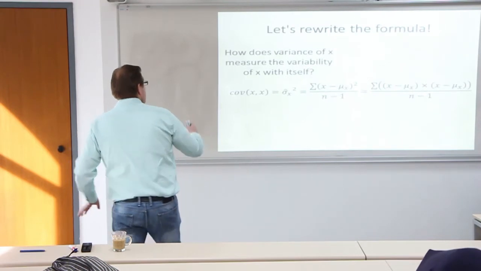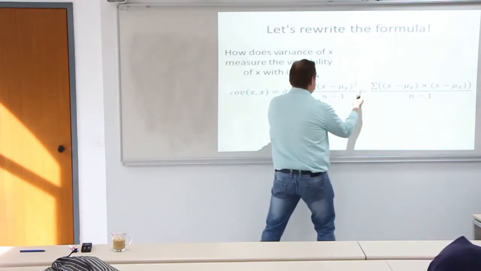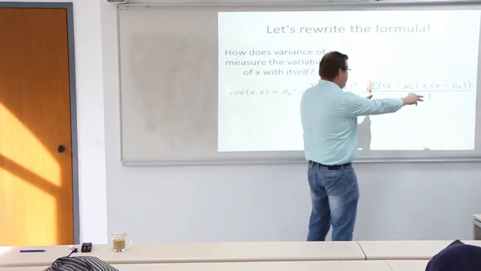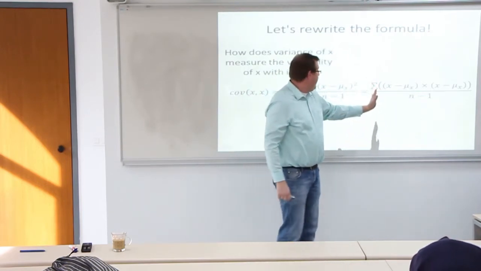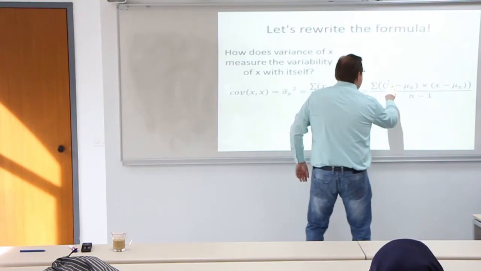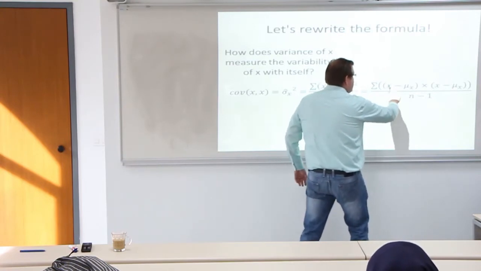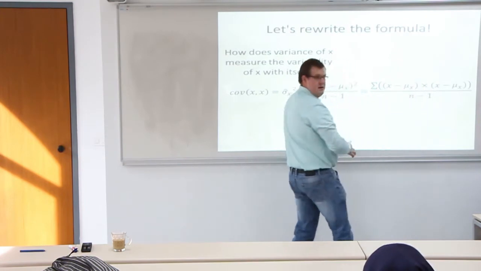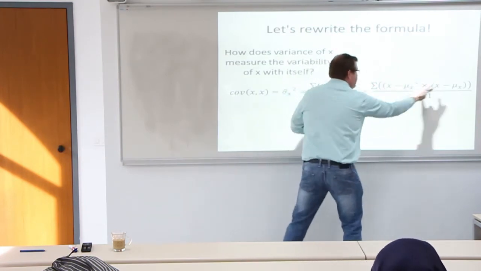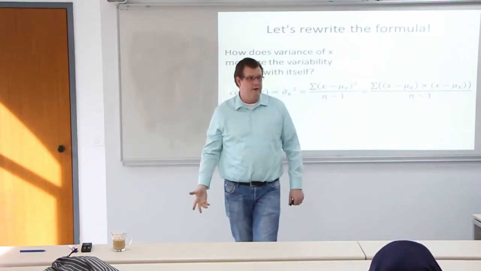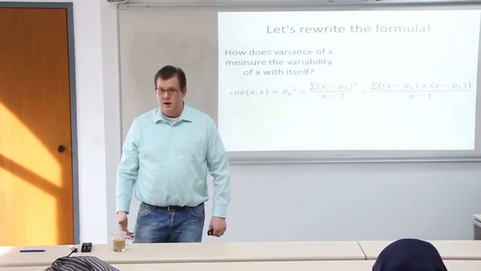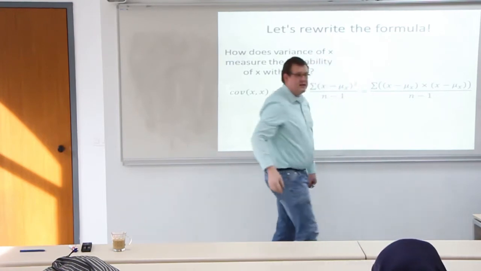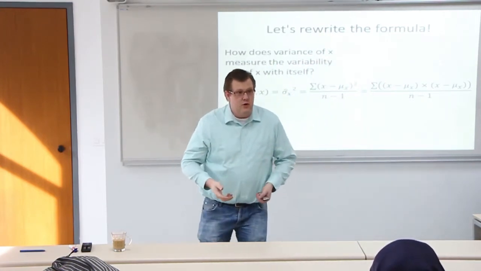Here's the formula that we saw on the previous slide, and here we have rewritten it. We take each score, subtract the mean from it, and square it. Squaring it is just multiplying it by itself. And what does x minus the mean of x give you?